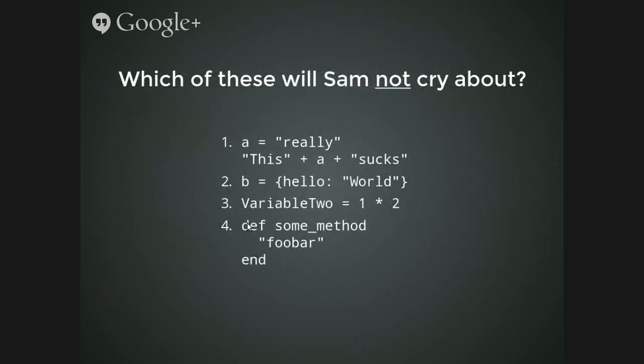So take a minute. When you're ready, hold out your fist, and then give me a 1, 2, 3, or 4 corresponding to what you think is the right answer.